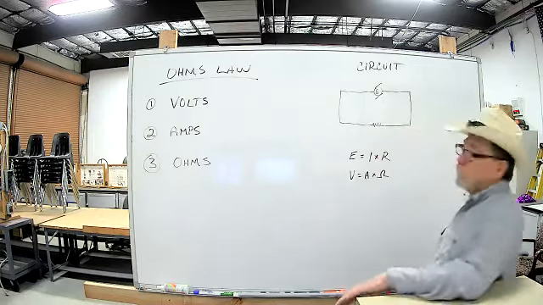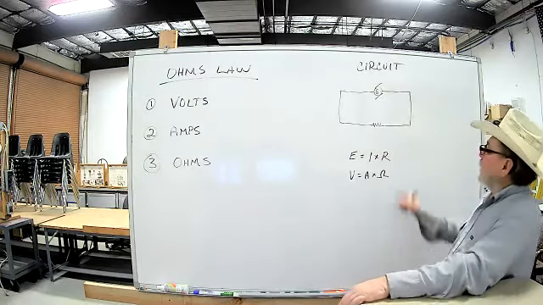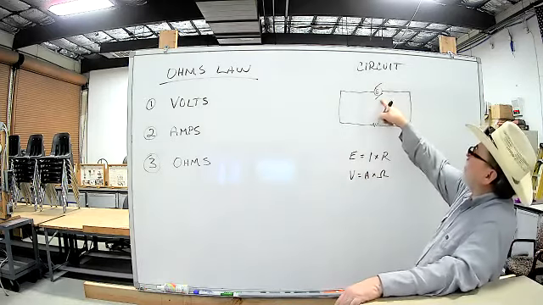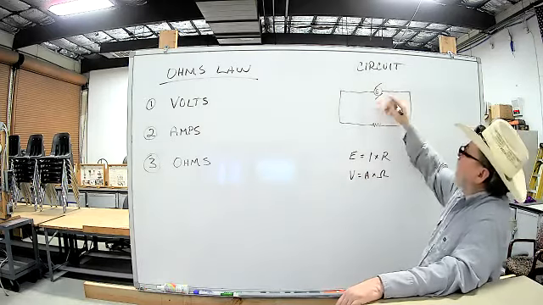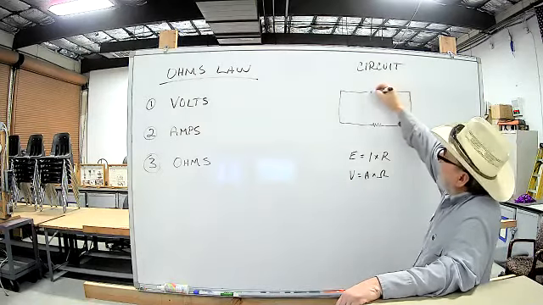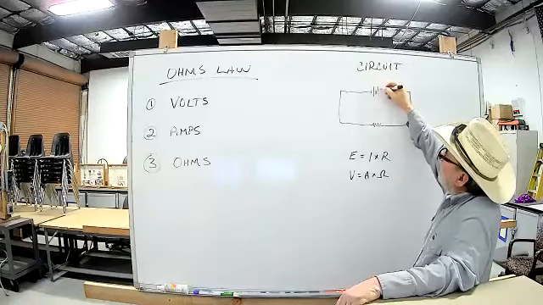So for instance, in this case here, there's our voltage source right there. We'll go ahead and put it back to a battery. Most people understand a battery better than a generator.